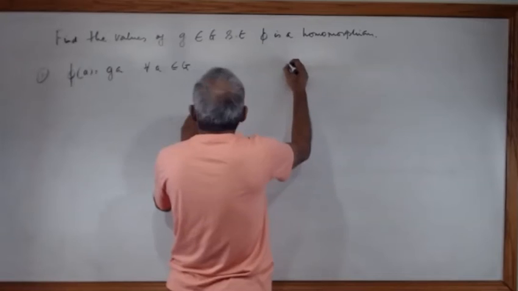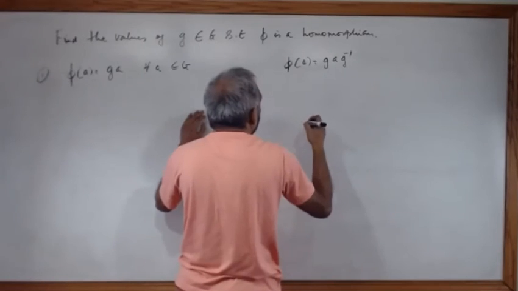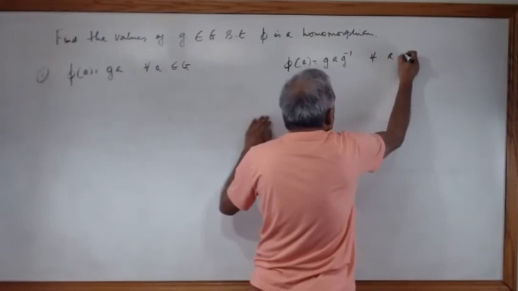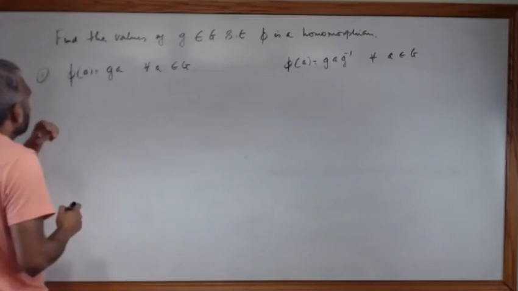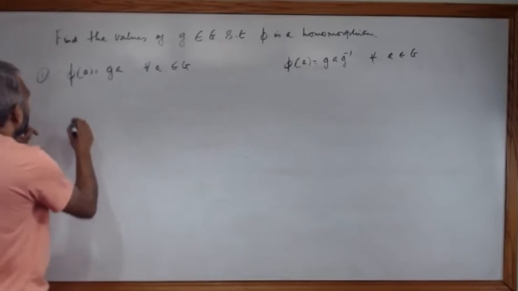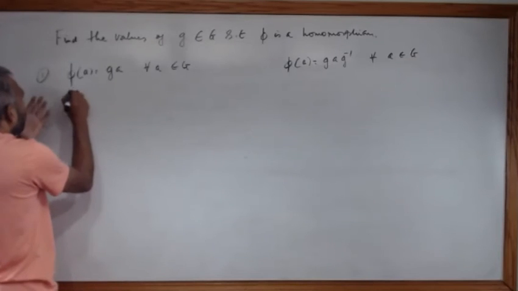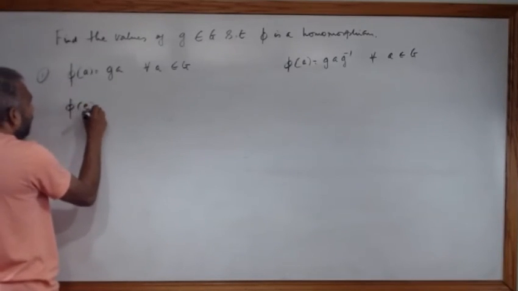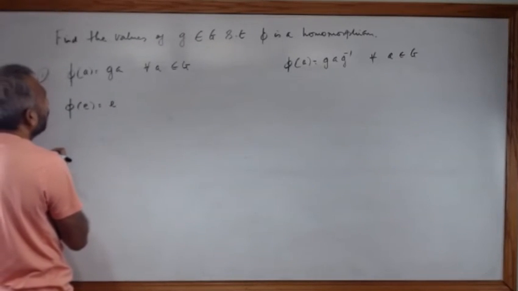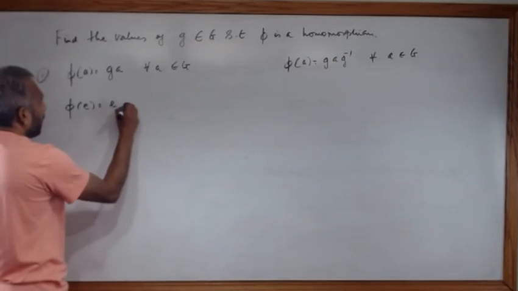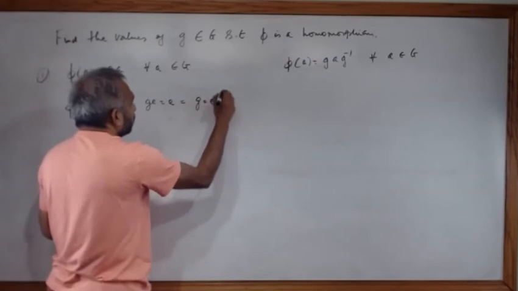Another problem is phi of a is equal to g a g inverse for all a in G. See here, this is very clear. You want to find the value of g so that this is a homomorphism. So if this is a homomorphism, phi of e should be equal to e, and that implies g e is equal to e, and that implies g is equal to e.